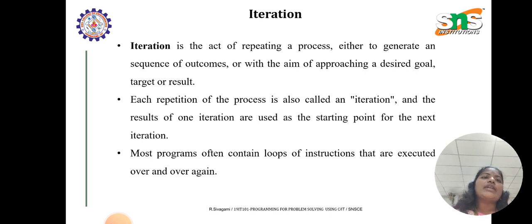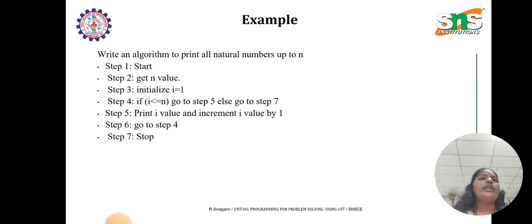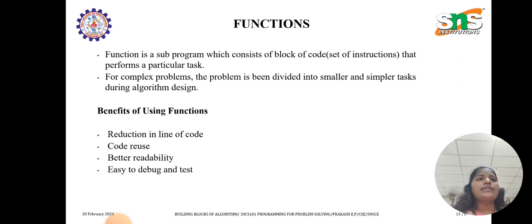Most programs contain loops or instructions that are executed over and over again. Here I have given an example algorithm to print all natural numbers. You just go through it, guys.